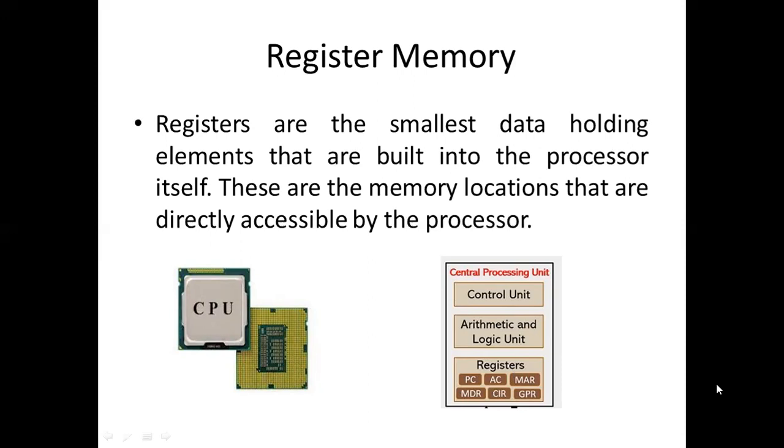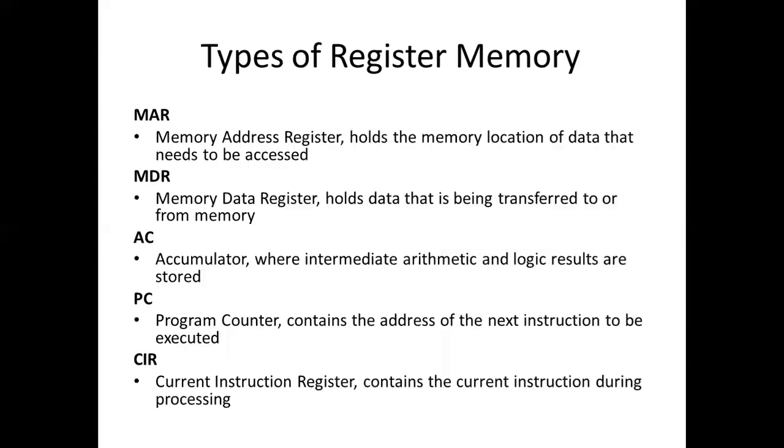So we have secondary memory, primary memory, cache memory, and now registers that are on the CPU. These are the types of registers. We have a memory address register, which holds the memory location of data that needs to be accessed.